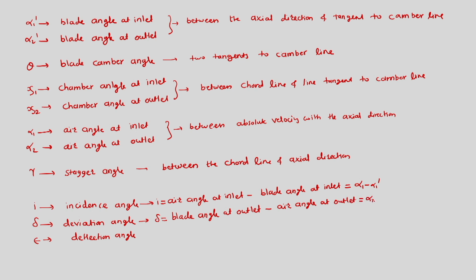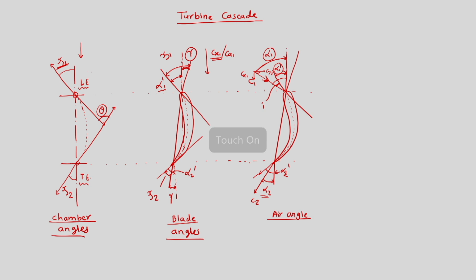Hence, it is alpha 2 dash minus alpha 2. Same way over here we can see alpha 2 dash minus alpha 2. So, this is alpha 2 dash, which is the angle between the tangent to the camber line and the axial direction, and then C2 is the velocity vector. The velocity vector and the axial direction make alpha 2.